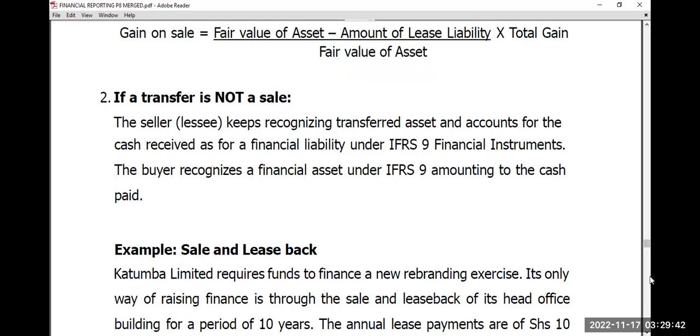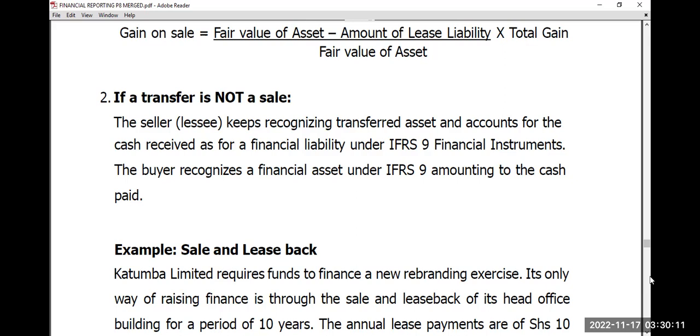Then lastly, we can look at how we are going to be accounting for a transfer that is not a sale. When you actually give out maybe the land title of the land, maybe to a financial institution or a bank, and you want now to get money.